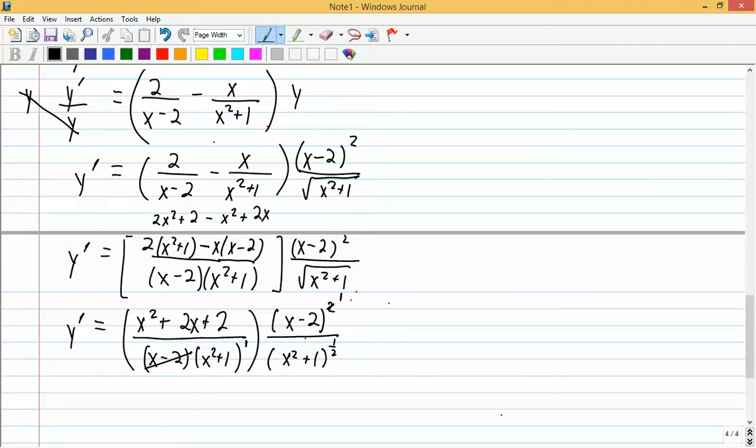So if I have this to the first power here and this to the 1/2 power, just add the powers, right? So in my numerator, I'm going to have x minus 2 to the first power times x squared plus 2x plus 2 over, now my denominator, again, just add the powers. That's going to be x squared plus 1 to the 3/2 power.